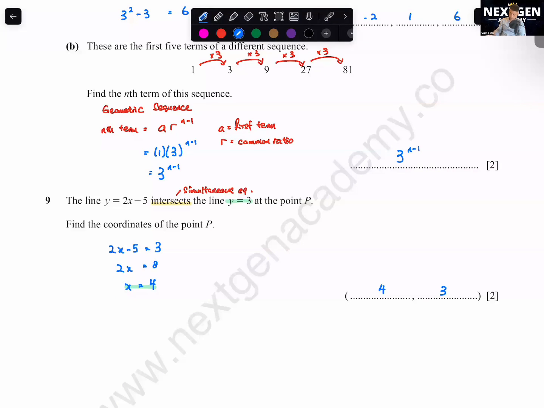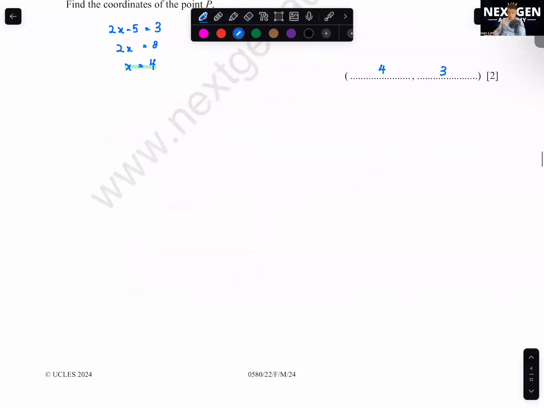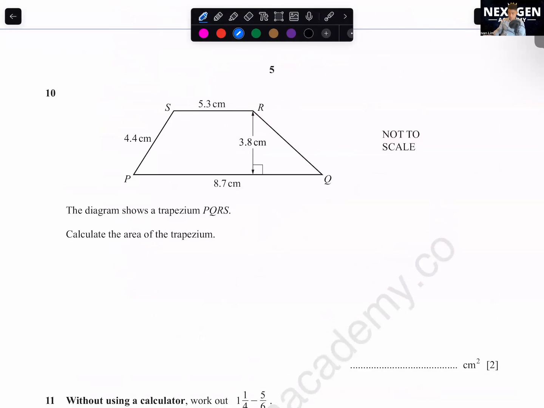Okay, next one. Question 10. The diagram shows a trapezium PQRS. Calculate the area of the trapezium. Area. What is the formula for the area of a trapezium? 1 over 2 times a plus b multiplied by the perpendicular height. Okay, a and b are the lengths of your parallel sides.